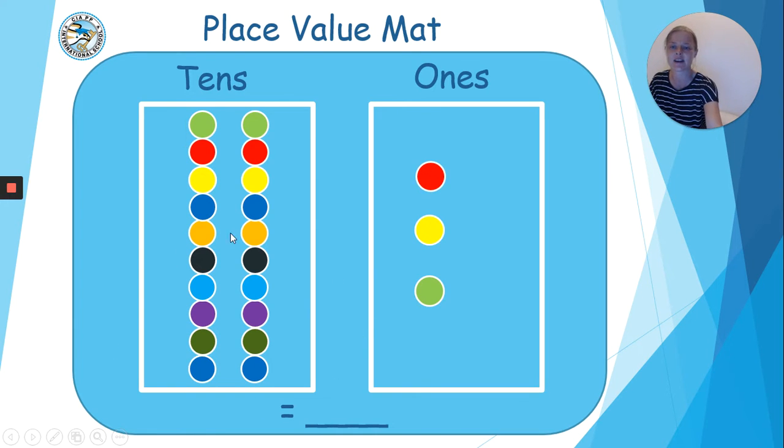Can you see them here? We need to write down first the number 2. Good job. Now we need to write down how many ones we can see. Let's count them together. 1, 2, 3. So we write down the number 3. Well done. Can anyone tell me what this new number is? It's a big number. Yes, good job, 23. Well done.